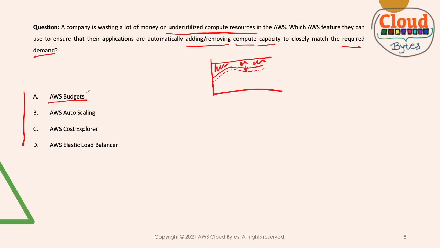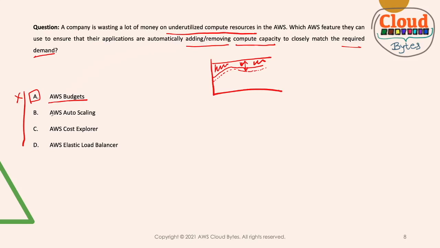You're saying get me a notification when it is forecasted to pass my budget, or when the actuals are passing my budget. So that's an option over here which is not true, because it is not going to add or remove your compute capacity.